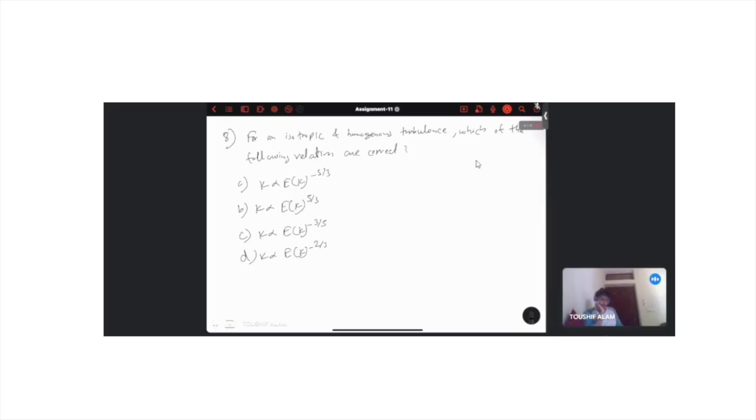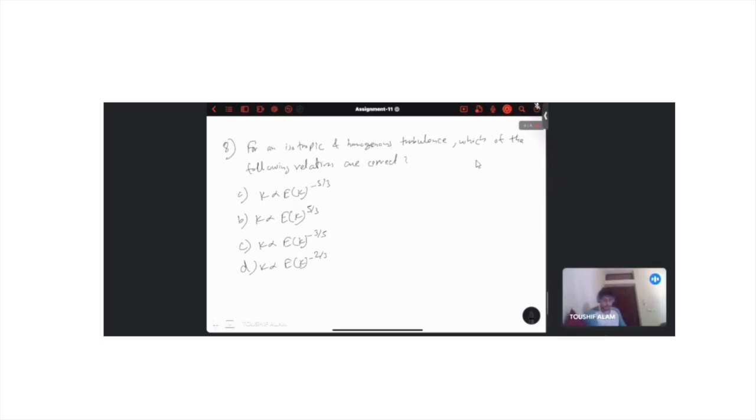So the question is that for an isotropic and homogeneous turbulence, which of the following relations are correct?